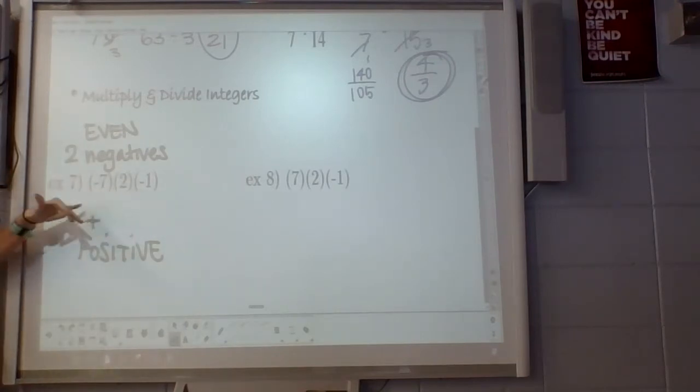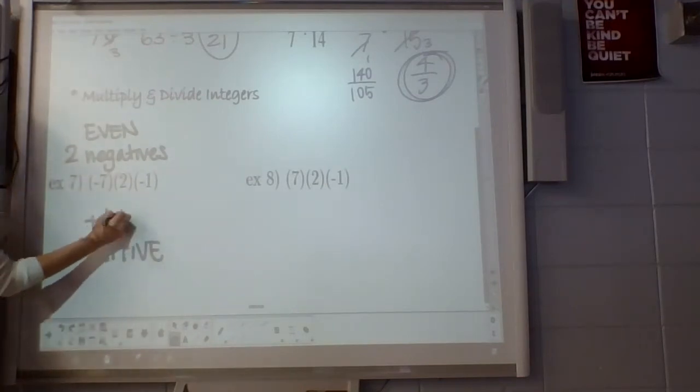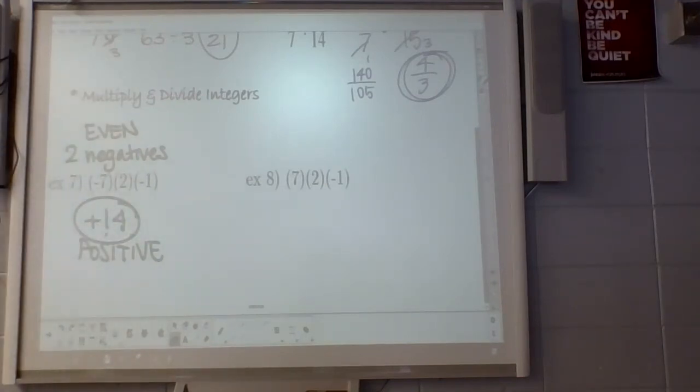Now notice with this multiplication, I never use the times symbol because I just use parentheses instead. I won't ever use X's anymore for times. I'll use the dot if anything, but parentheses is a good one when they're negative. So this just ends up being a positive 14 when I multiply them.